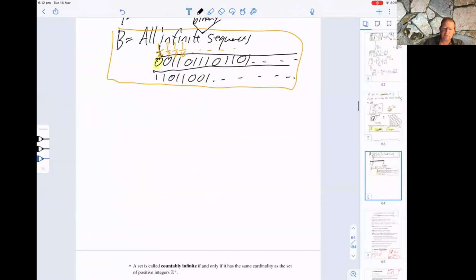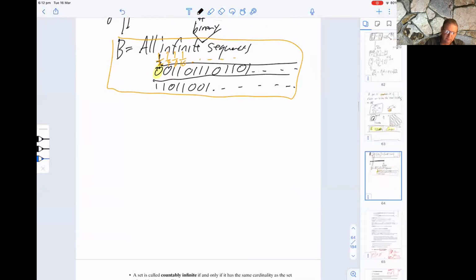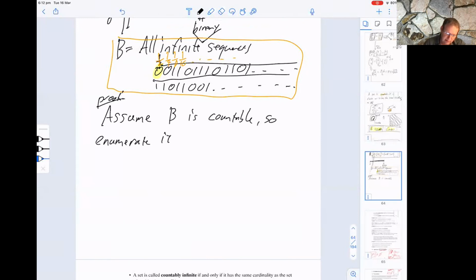So assume, and this is proof by negation, assume B is countable. What does that mean? It means you can enumerate its elements.